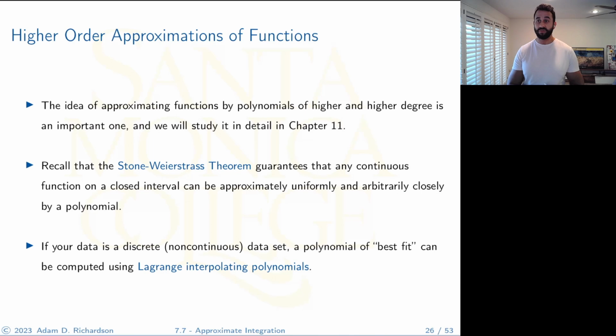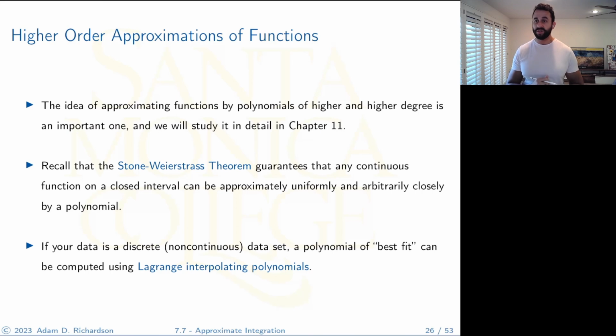It just means that if you've got a continuous function on a closed interval, we can find you a polynomial that is as close to that function as you want. You just tell us how close is close enough, and we can find you the polynomial. Once we've got a polynomial, everything is easy peasy. We can approximate integrals, we can approximate derivatives, we can do all sorts of stuff, right?